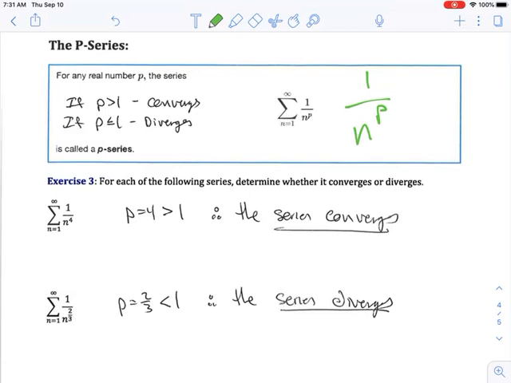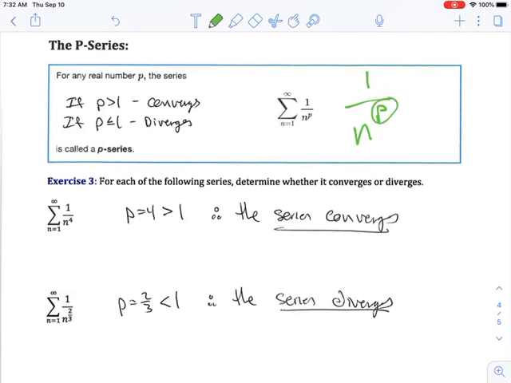Think of p as being a power. It doesn't have to be 1 over, it can be any constant in the numerator divided by n raised to some power. But don't think of it as a power series, that's something else. A P-series means it's raised to a power.